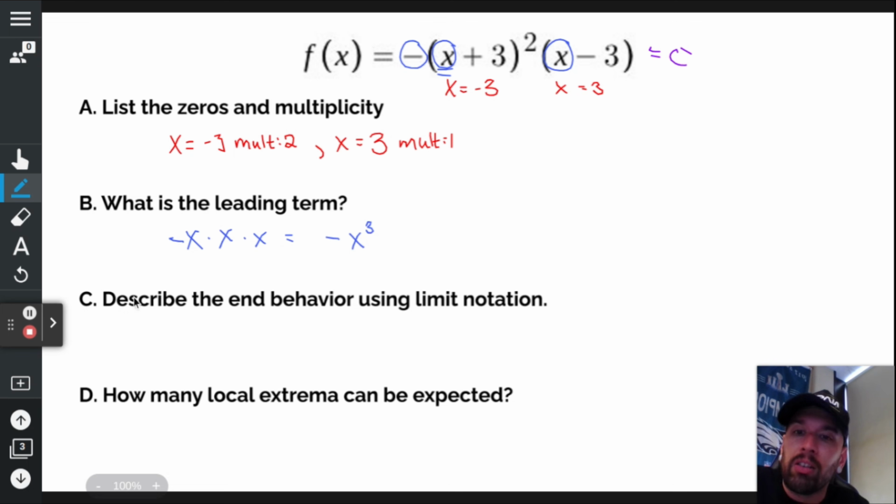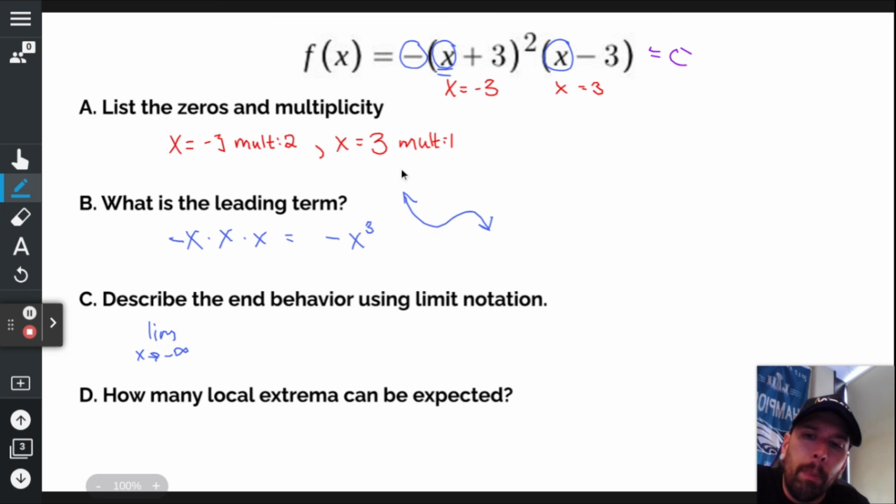Now what this does leads us into C. This gives me a cubic flipped upside down, which is going to look something like that. Describe the end behavior using limit notation. As x approaches negative infinity, that is basically me saying, where does my graph go as I move to the left without bound?